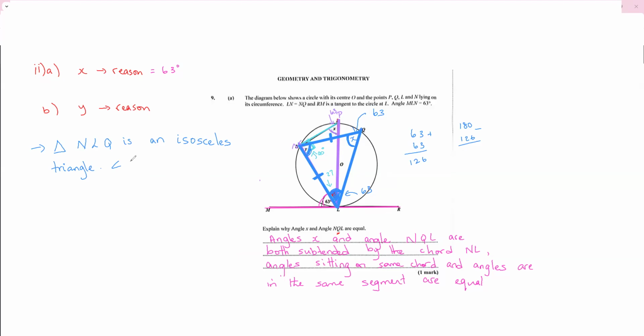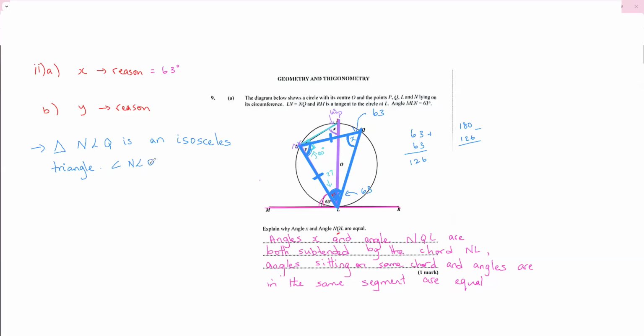So angle QLN, I named it this way. If you name it the next way, meaning N and then L and then Q, that's okay. If I'm referring to the angle, I'm looking at the one at the middle.